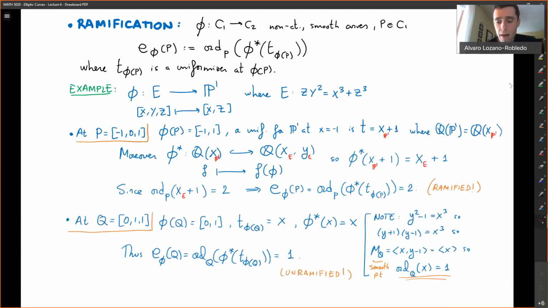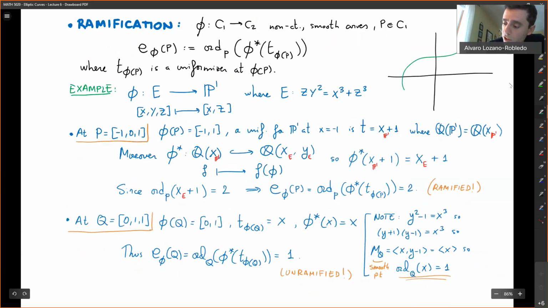So when you have a map such as the one that we had before, in the example, you have an elliptic curve that looks like this, and then what the map is doing is just keep the x coordinate. So this point maps there, these points map here in this P1, that is the x-axis.